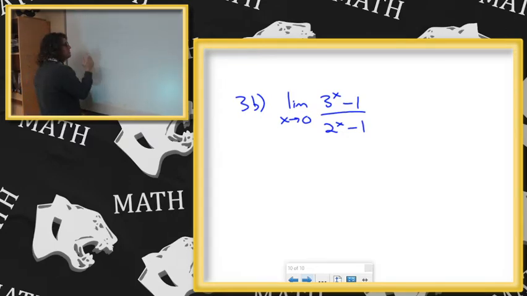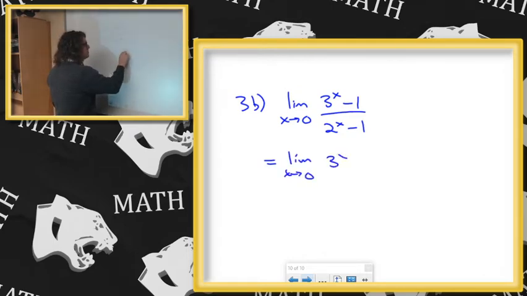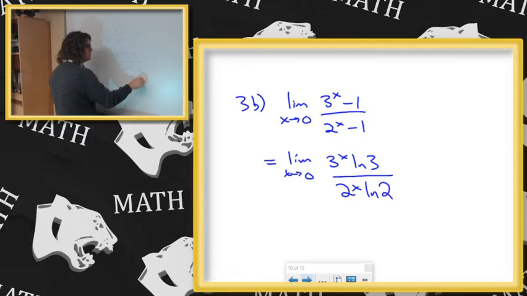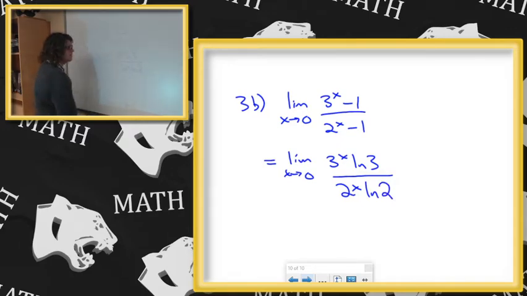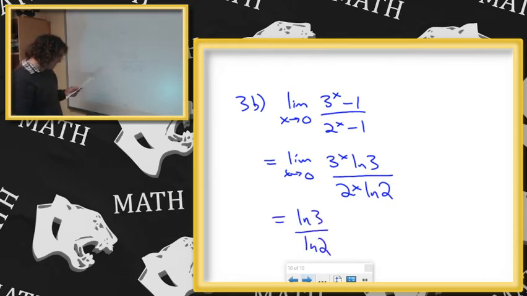So what I'm going to do instead is take the derivative top and bottom. So you get 0 over 0, so you can use L'Hopital's rule. So it's going to be the limit as x approaches 0 of 3 to the x ln 3 minus 0 over 2 to the x ln 2 minus 0. Now this is a 1 and a 1, so you end up getting ln 3 divided by ln 2 as the limit there.